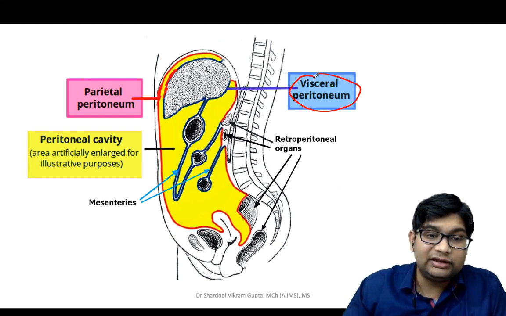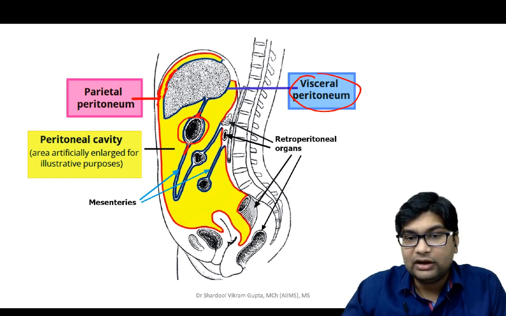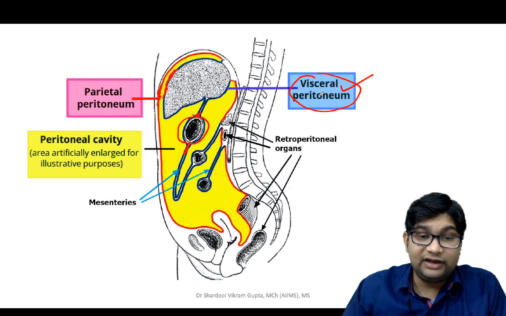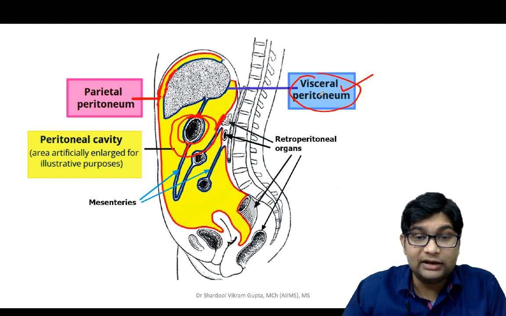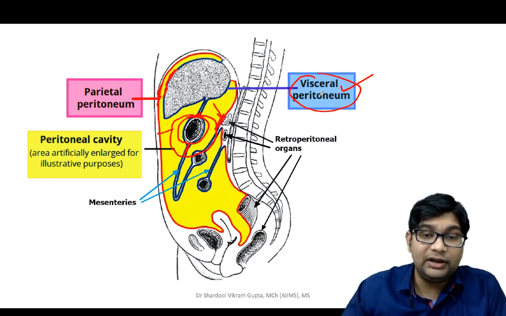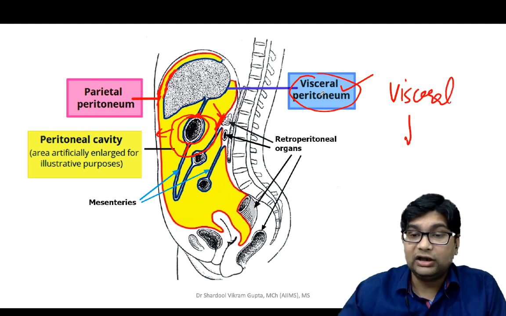If this organ is inflamed or getting distended, firstly the pain will be visceral pain because of the stretching or ischemia of the visceral peritoneum. When the distension or the organ pathology becomes more prominent, it involves the parietal peritoneum, and then visceral pain will convert into somatic pain.